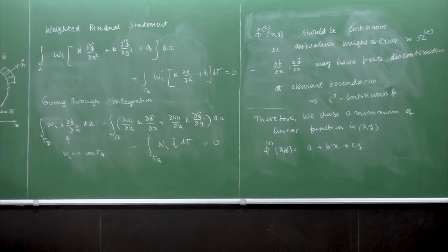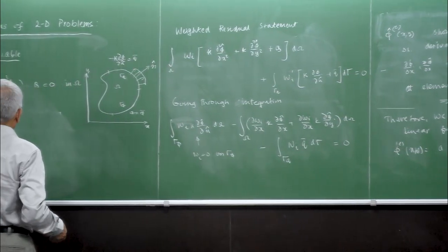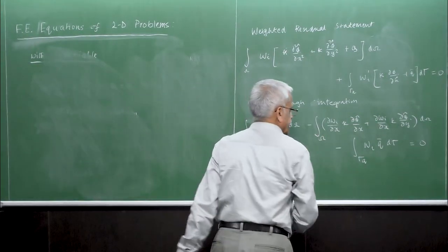So let's now go further. What are those constants a, b, c? Let's try to find out what that phi e is.